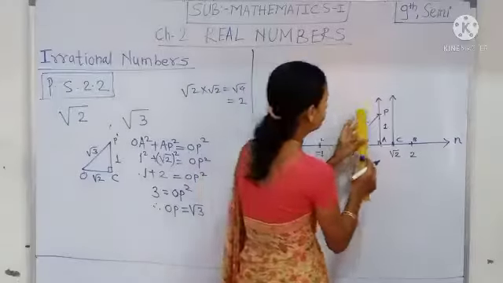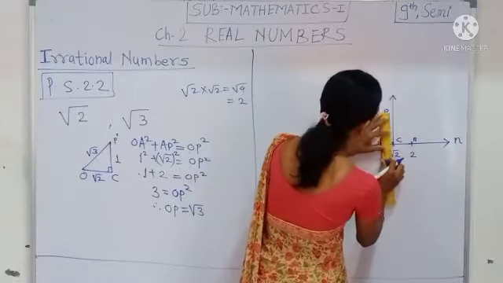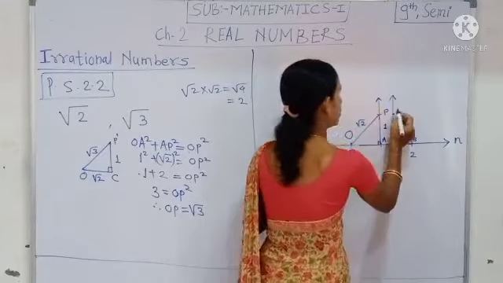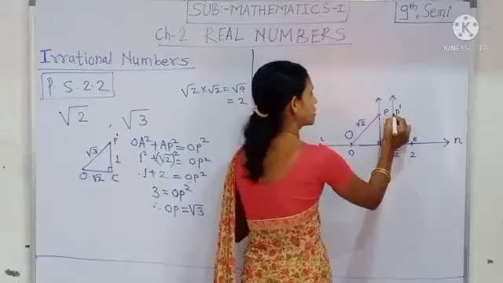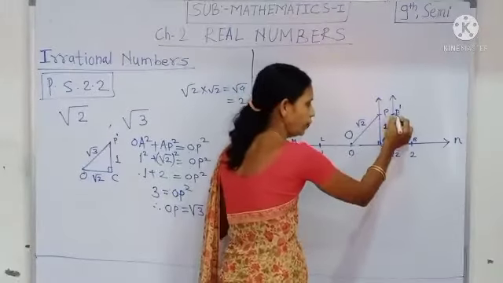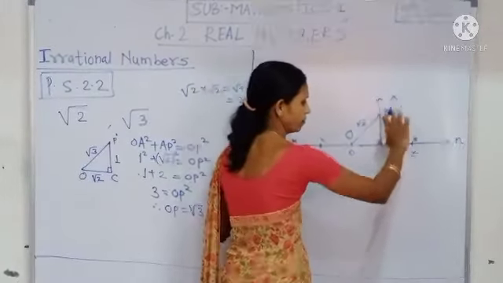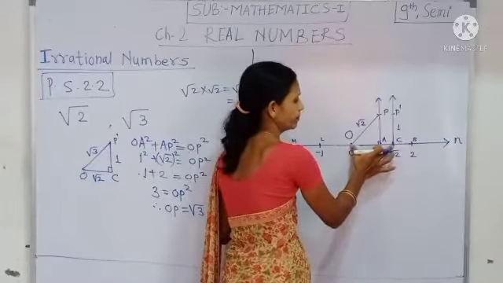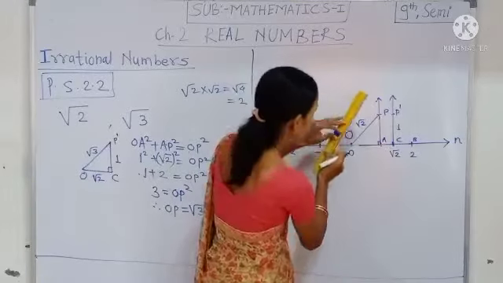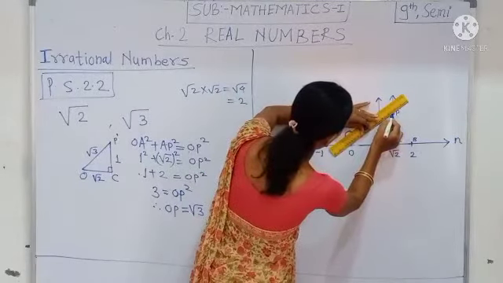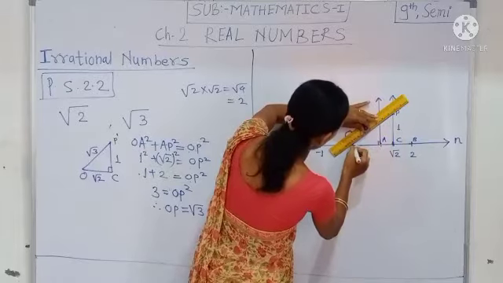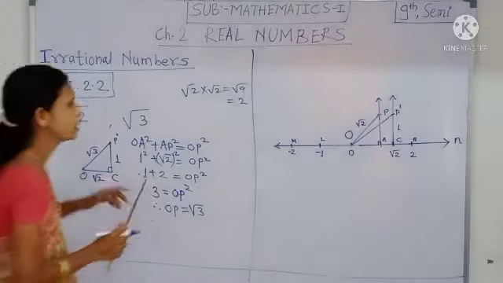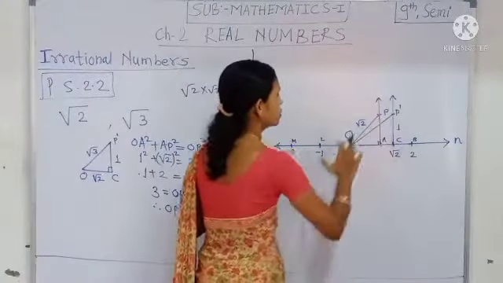Therefore, we mark from point C at 1 unit, and the point which is obtained is P dash. Therefore P dash C is 1 unit and OC is root 2 unit. Then we join OP dash, and therefore that OP dash is root 3. This distance is root 3.